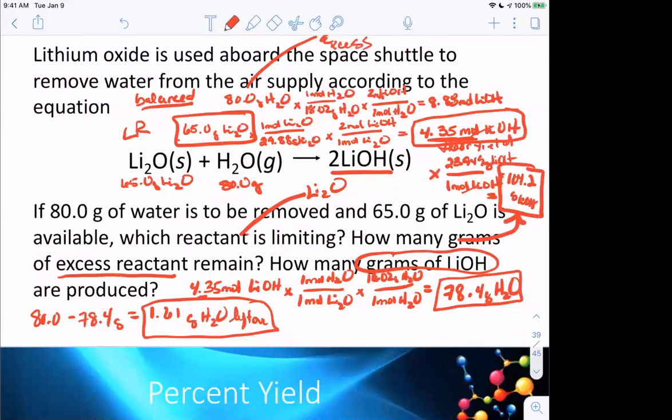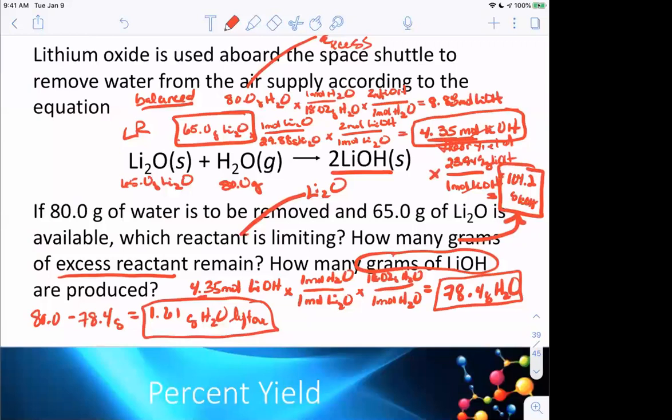How many grams of lithium hydroxide are produced. So again, all of these calculations are related. Once I have the stoichiometric calculation, I can go ahead and use any value.